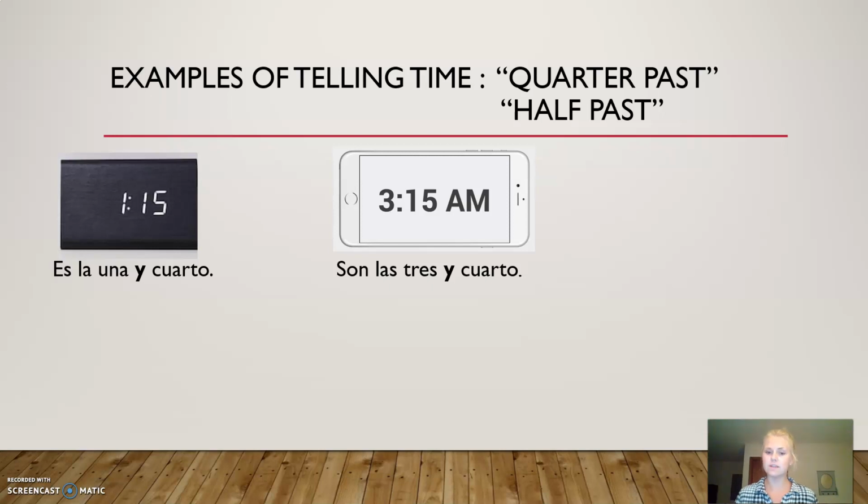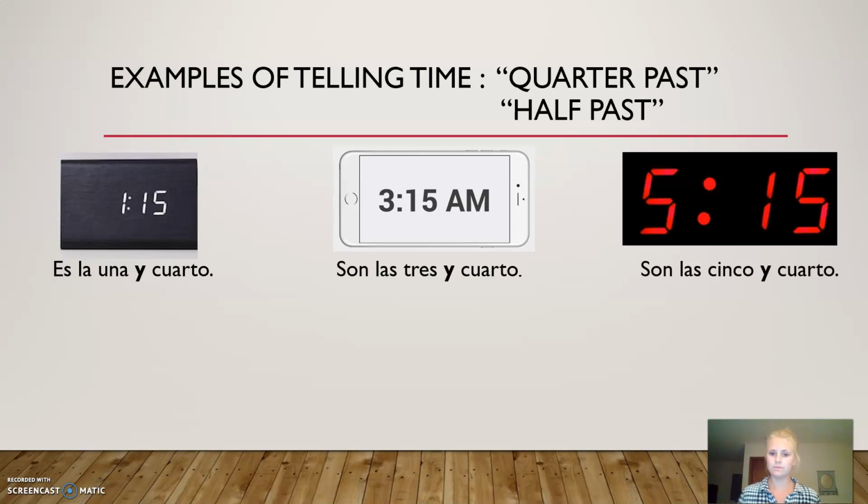Son las 5 y cuarto. Okay, so again, we're doing the same thing. We're deciding, is it a 1 o'clock hour or above 1 o'clock hour? We're going to use es la 1 or son las and the time, and then you add y cuarto. Es la 1 y cuarto, son las 3 y cuarto, son las 5 y cuarto. You can also say es la 1 y 15, but it's more common, you'll hear it more often, cuarto.